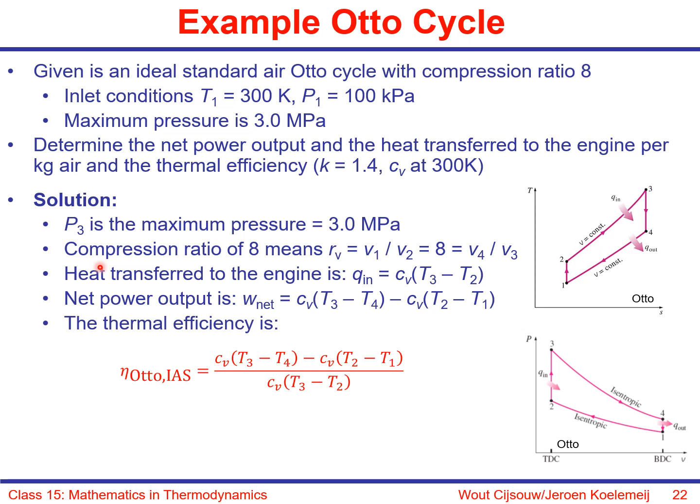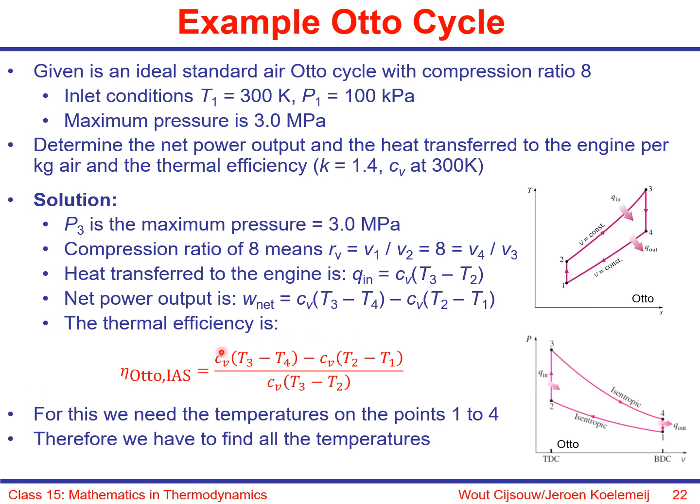And now that we have Qin and Wnet, we can find the thermal efficiency, because remember, it's what you want to get out, and how much you have to pay for it, the heat that goes in. Okay.